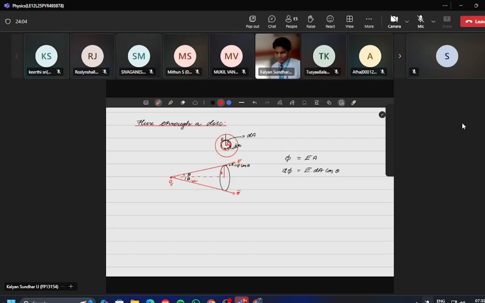Now electric field என்னன்னு படிச்சோம்? K into what is the charge? எந்த சார்ஜ்னால அங்க ப்ரொடியூஸ் ஆகுது? Q னால. KQ divided by இந்த distance.